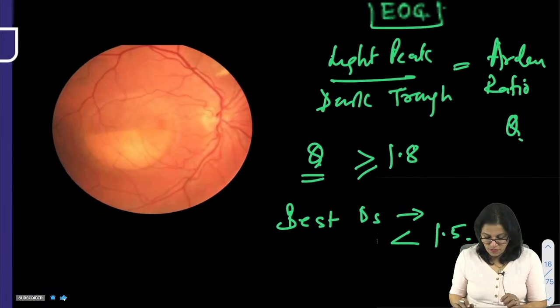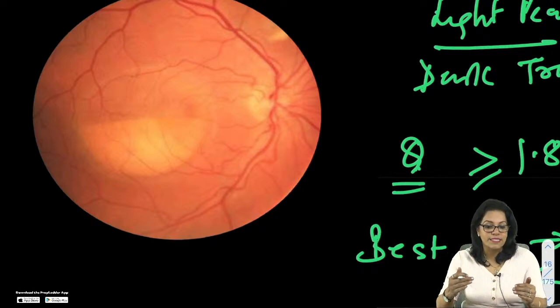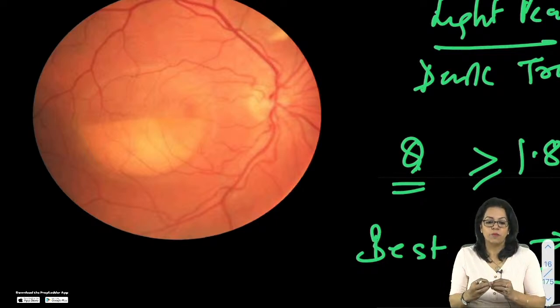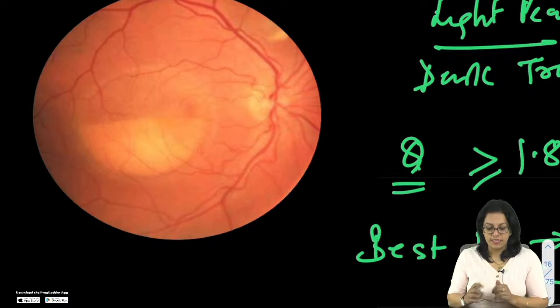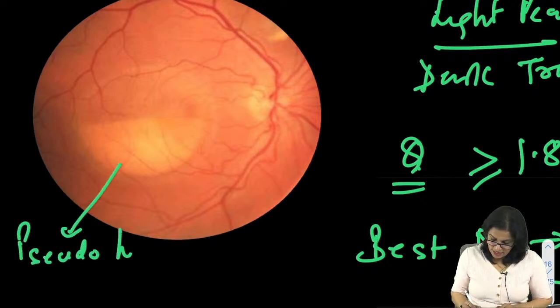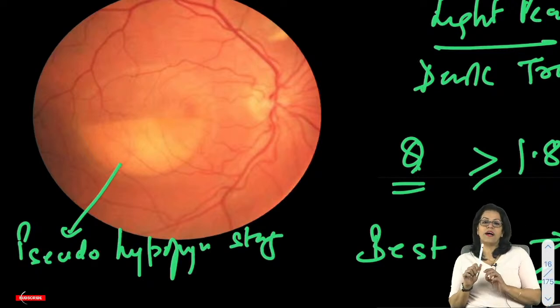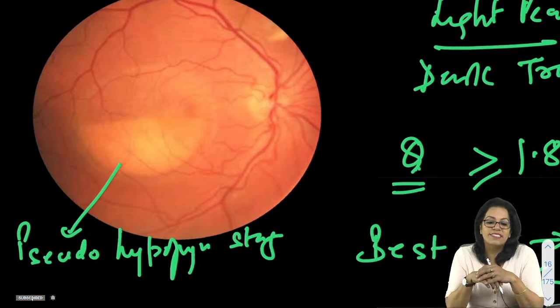Then we next talk about what this slide is. After the egg yolk appearance, what is the next step in Best disease? Some of it is reabsorbed. What are you looking at here? This stage is called pseudo hypopyon stage. Now when you say pseudo hypopyon, I am prompted to ask you another question. Where do you learn about pseudo hypopyon?